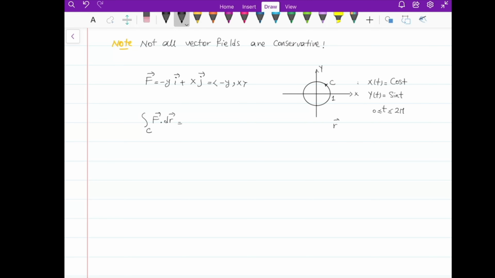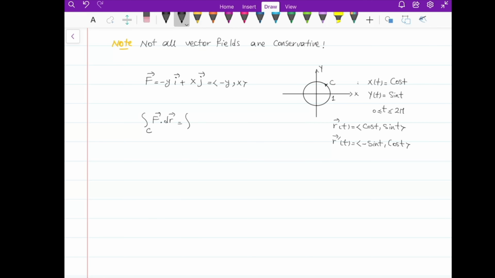Okay, so r of t is cosine t and sine t. Derivative of that is negative sine t and cosine t.